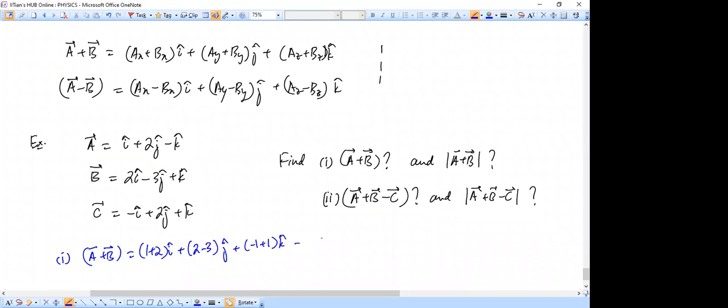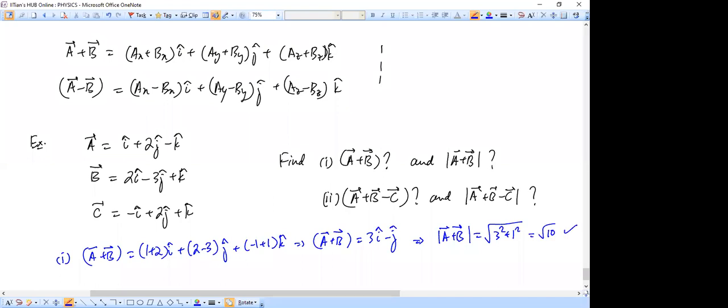So A plus B, just check your answers. It will be 3i cap minus j cap. You're getting this? Okay. And therefore mod of A plus B will just become square root of 3 square plus 1 square. So root 10. So this is the answer to the first part.